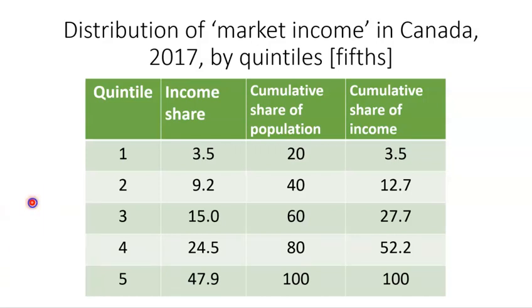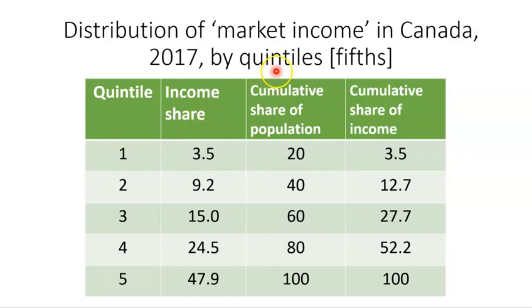So that's a judgment, I guess, we make because that income is readily available. And what is very often done is to divide the population up into groups from the lowest income to the highest income. And in this case, as in my very first example, we're dividing households up according to quintiles. So, in other words, fifths.